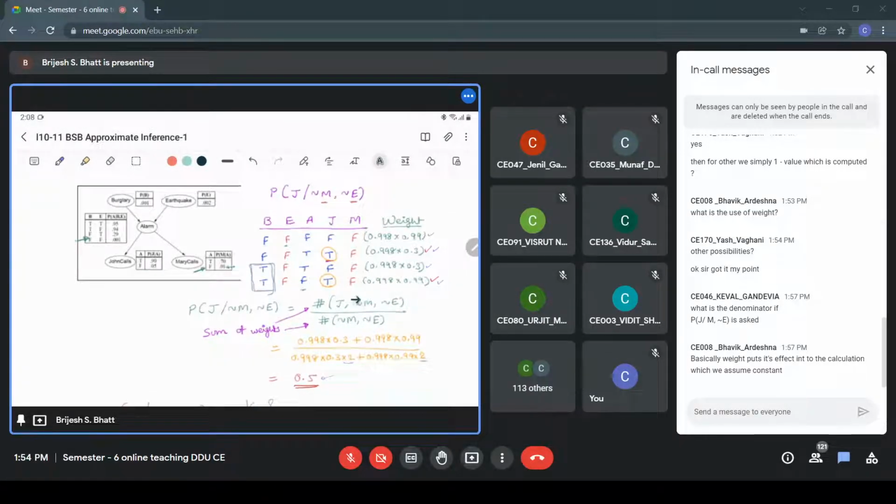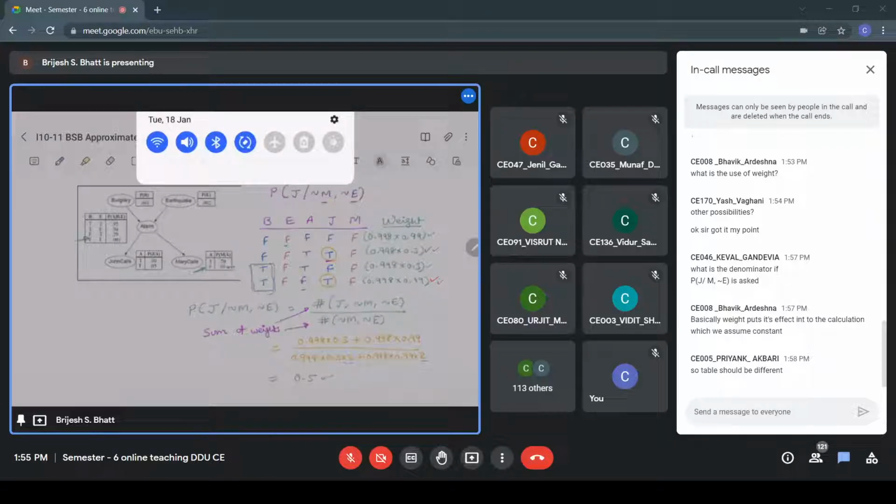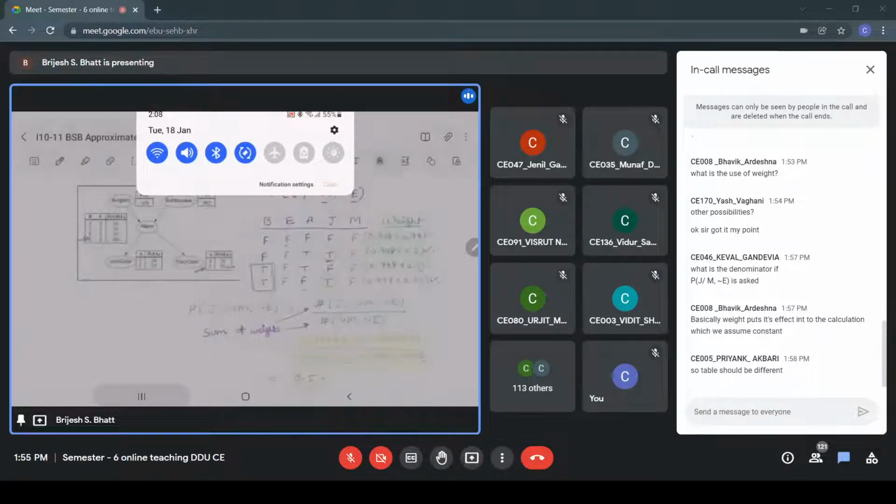And in that case, your sampling will have a fixed value of M equal to true. For all this, you need to fix M equal to true. And this will also change the corresponding weight value. So instead of 0.99, this will be 0.01. Instead of 0.3, this will be 0.7, and so on. Right, Chetan?